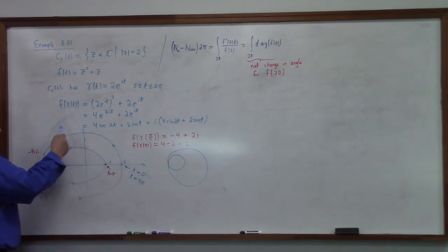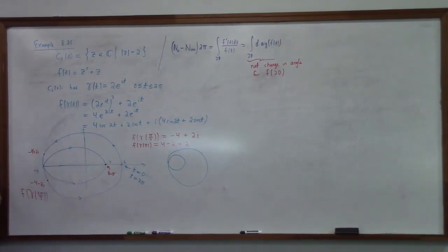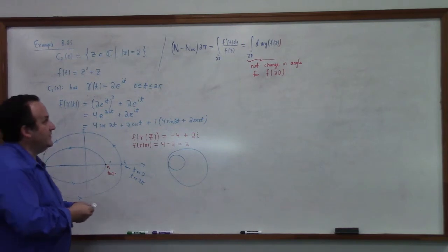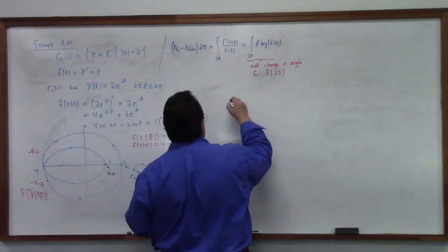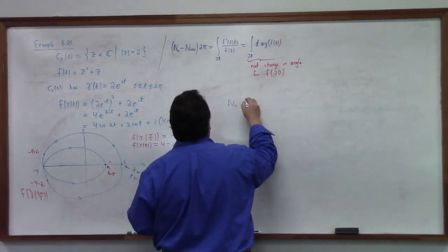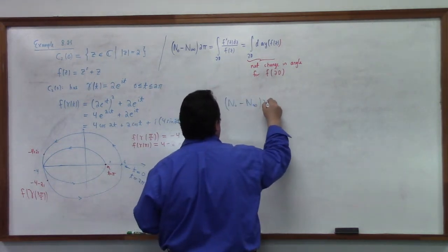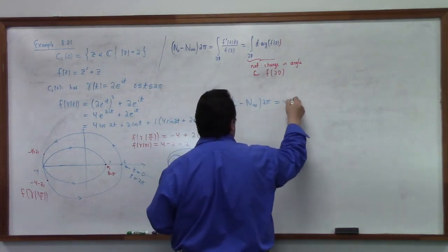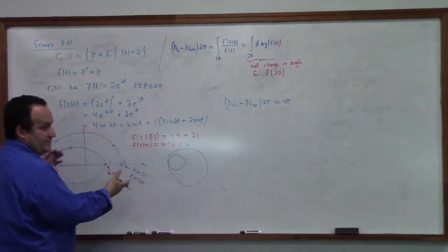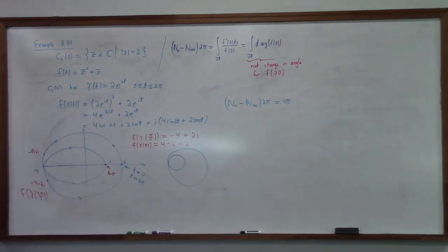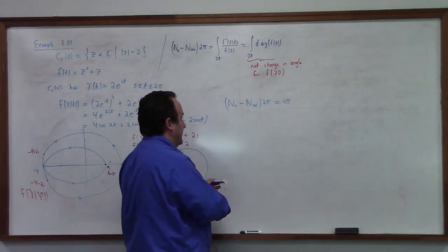So the net change in the angle around the image curve is 4 pi. So we get the number of zeros minus the number of infinities times 2 pi equals 4 pi from this graphing here, yeah? So the number of infinities in this case, again, is 0.